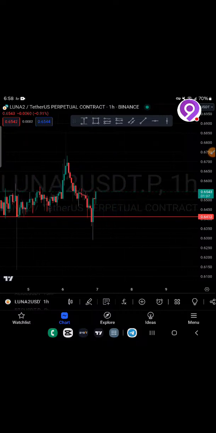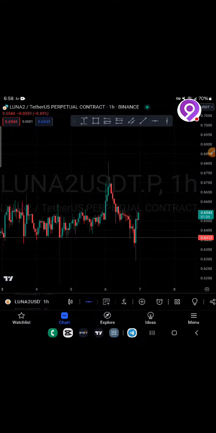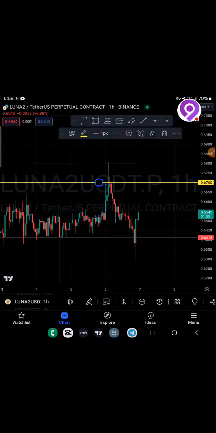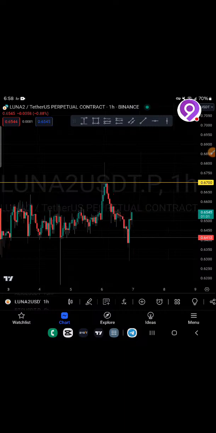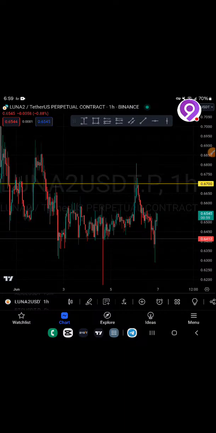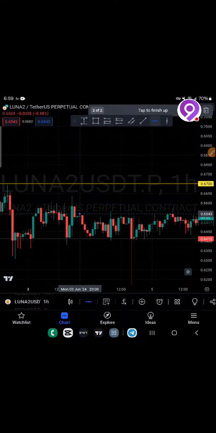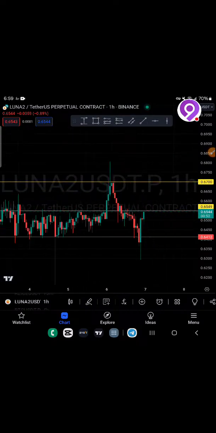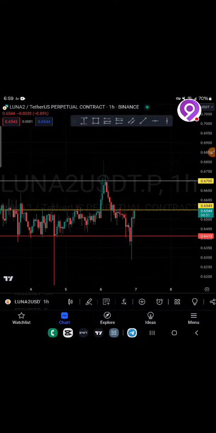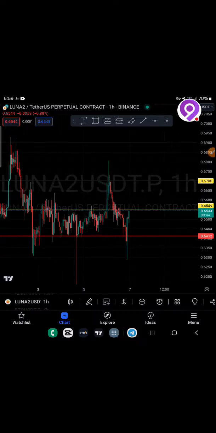Don't stress yourself. If you're scared of buying the coin because of a drop, you can just dollar cost average the coin. The coin is going up, and I believe that it's going to hit 0.67.